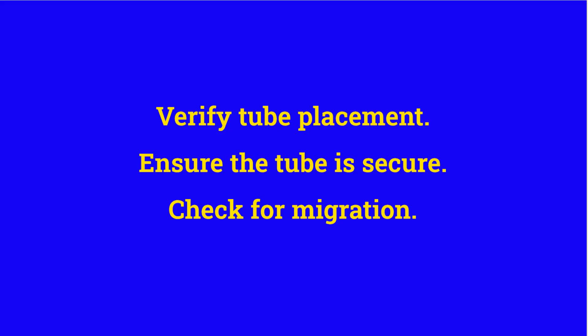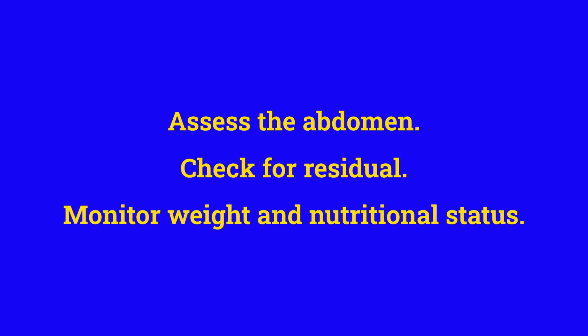Check that the external disc, bumper, is sitting flush with the abdomen and isn't moving up the tubing. Ensure proper fit and assess for any signs of skin irritation or excoriation. Check for migration. Monitor for any changes in the tube's position or markings on the tube daily. Patient tolerance of feedings. Assess the abdomen.